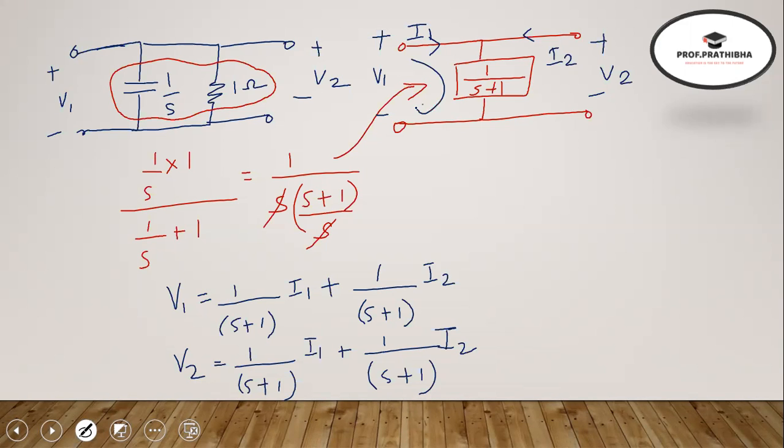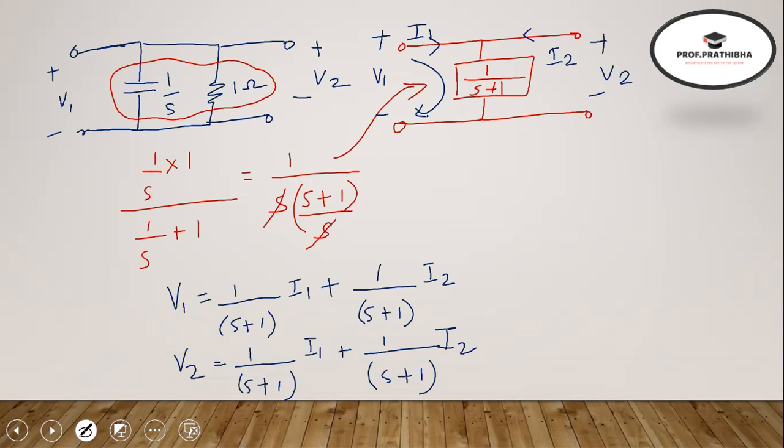Because this will become V1 minus 1 upon S plus 1 times I1 plus I2. So this is the kind of equations you will get. Now, once again, we are looking at two equations. And the question is, can we rearrange something, right?